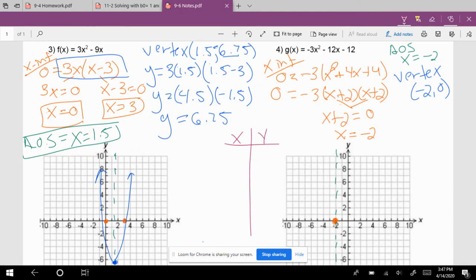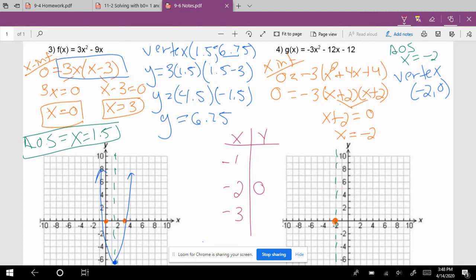I know my vertex is always in the middle. So I'm going to put that in the middle of my table. And what I'm going to do is I'm just going to do one x value bigger and one x value smaller on the x-axis. So this would be, for this example, -1 and -3.